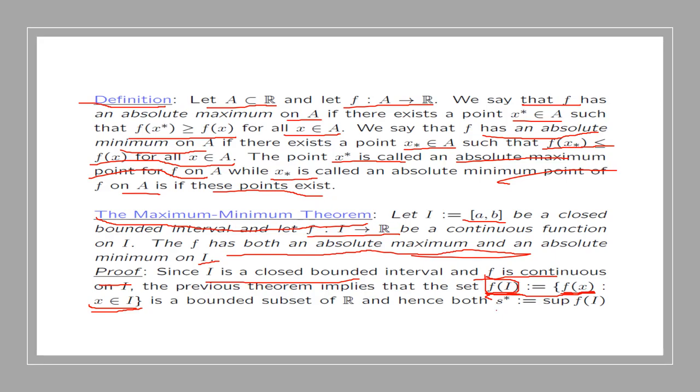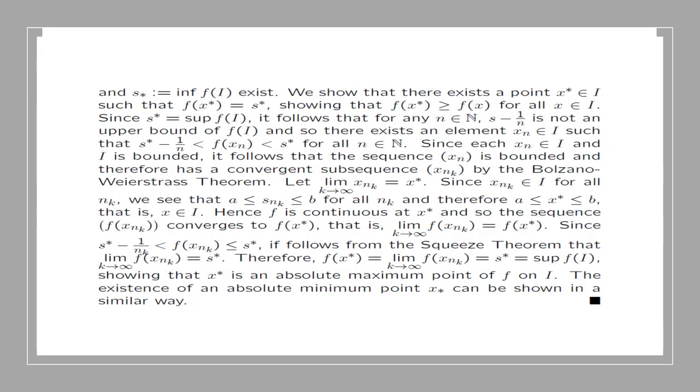So let's denote the supremum of f of I by s star, and let's denote its infimum by s star down. Now we want to show that there exists a point x star in I such that f of x star is equal to s star.